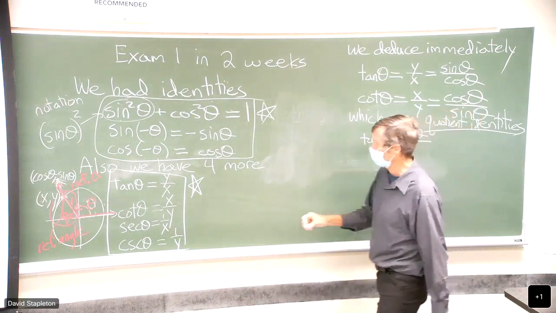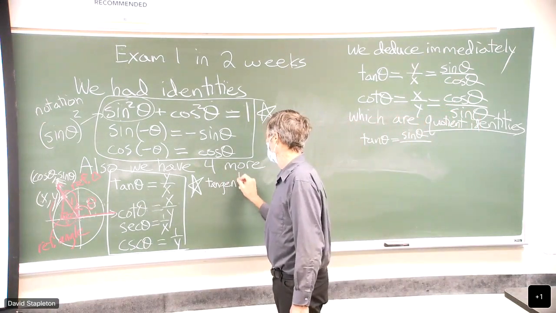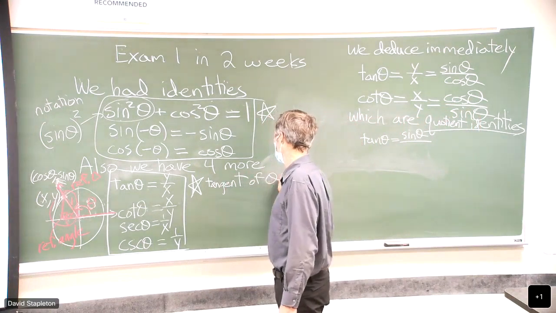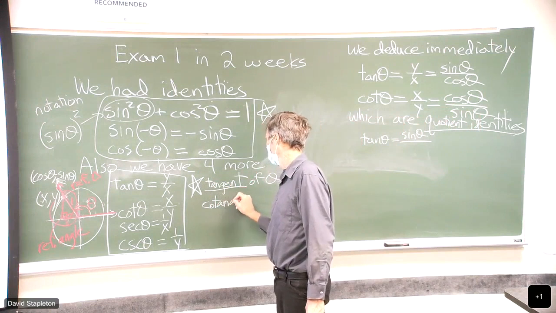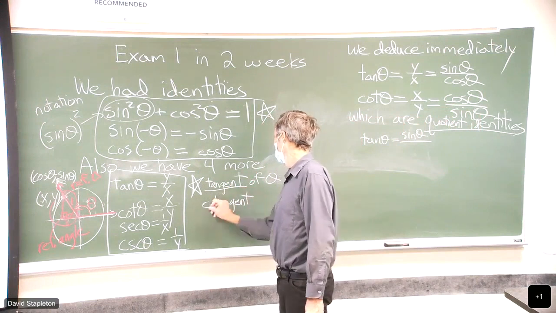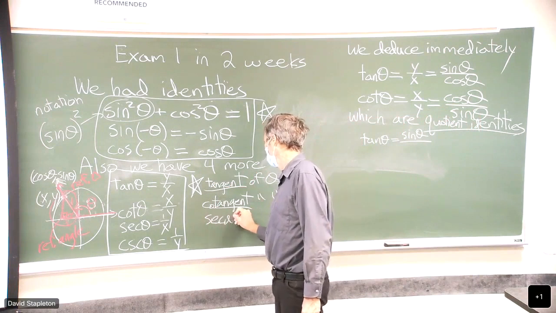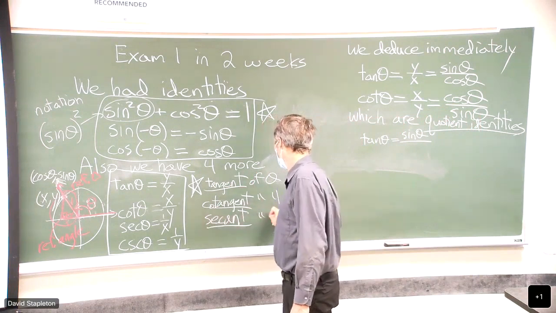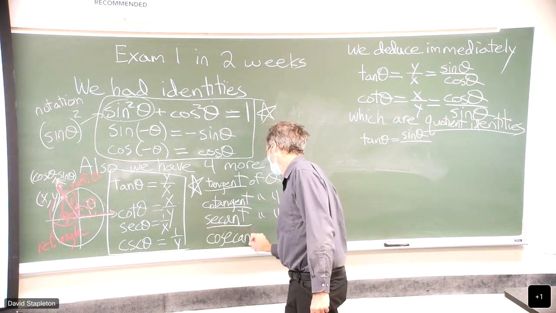And I should put these names here. This one's called the tangent of theta. This one is called the cotangent of theta. This is the secant of theta. This is the cosecant of theta.